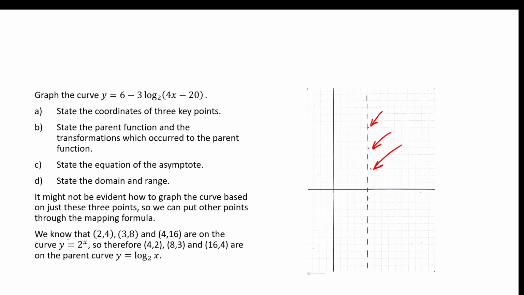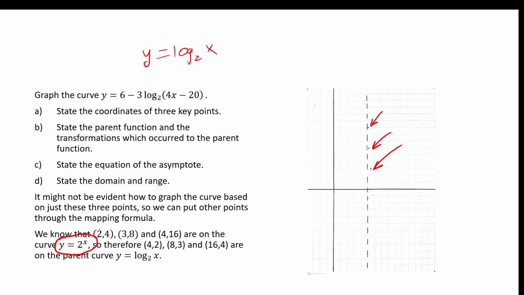Now, how can you use more points? Well, if you recall, a couple minutes ago, we were using the curve y equals 2 to the x, and then switching the x and y columns to get points on the parent function y equals log base 2 of x.